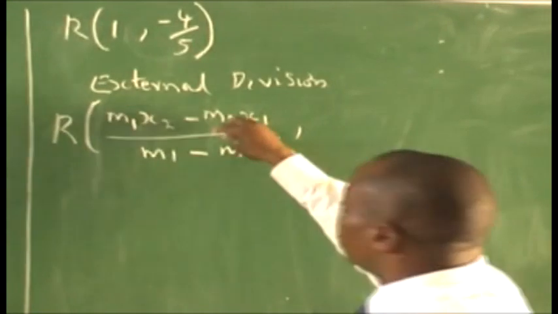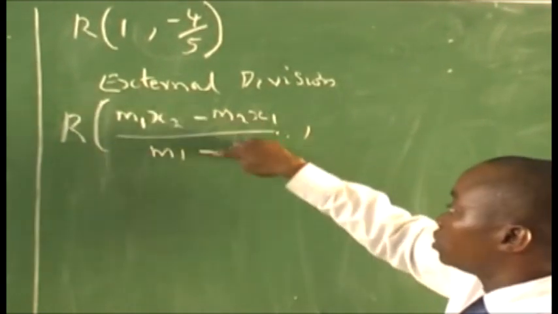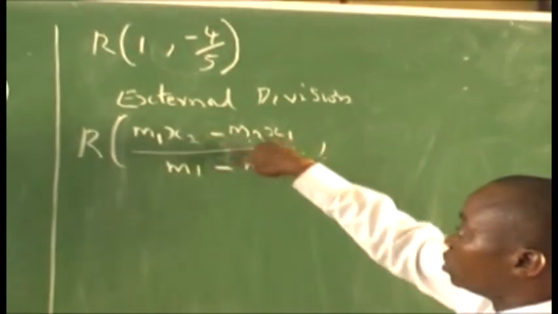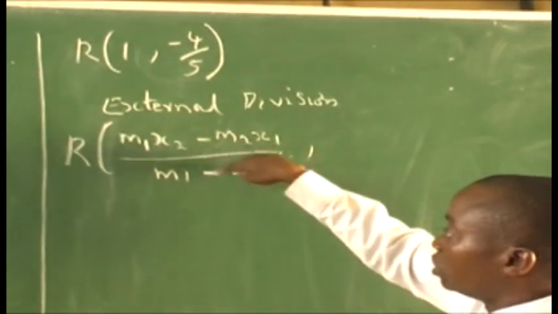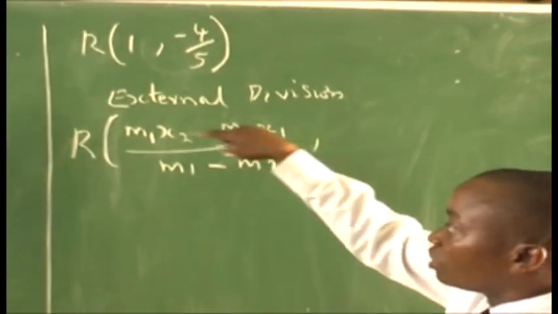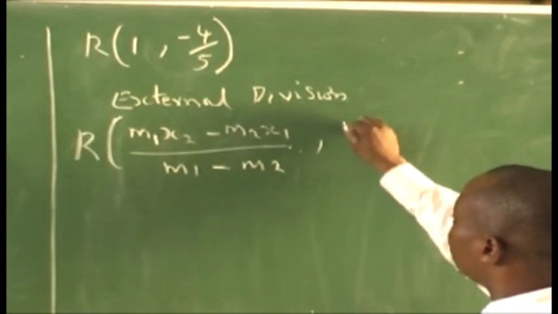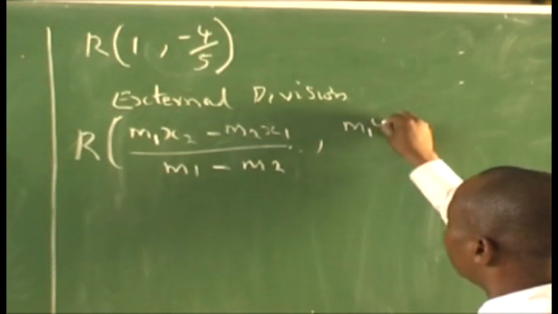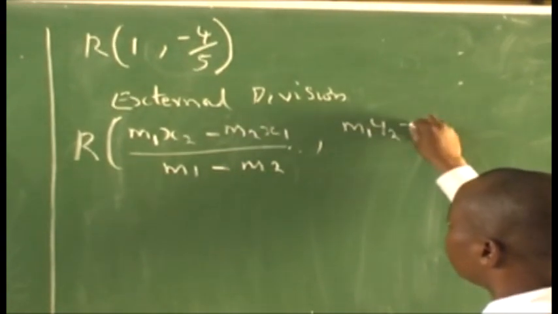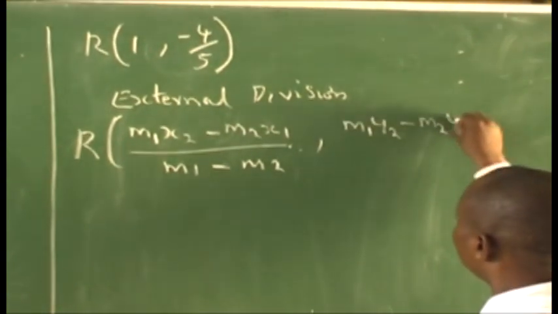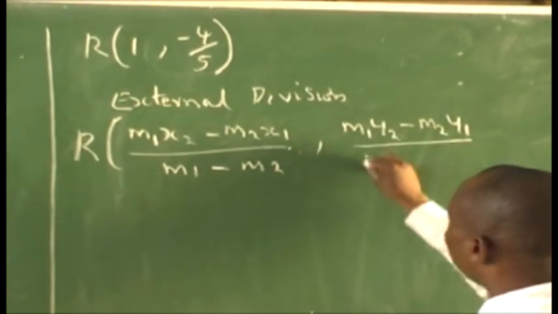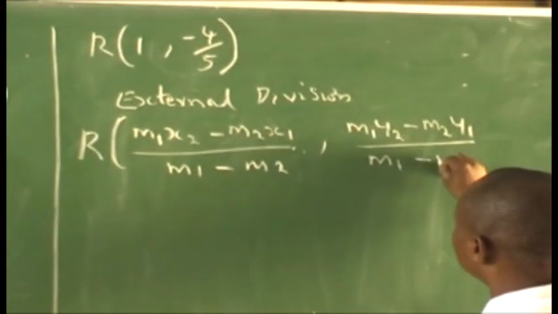Now note that for external it is minus, that is the difference, while for internal we have plus there. And then we have this one, M1 Y2 minus M2 Y1 all over M1 minus M2.